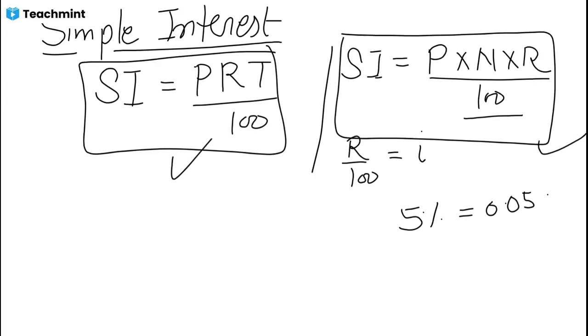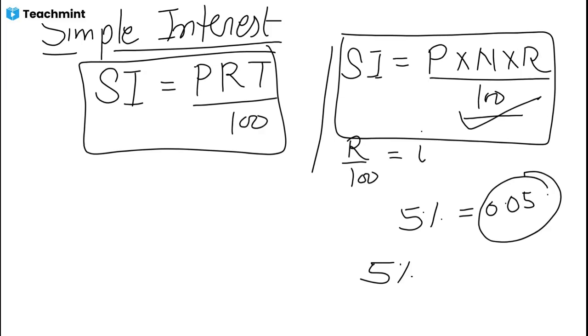If you are using the form like 5%, then write this 100 in the denominator. If you are using decimal form, then you can use it directly. There is no need to write 100 in the denominator. I'll explain by using questions also.